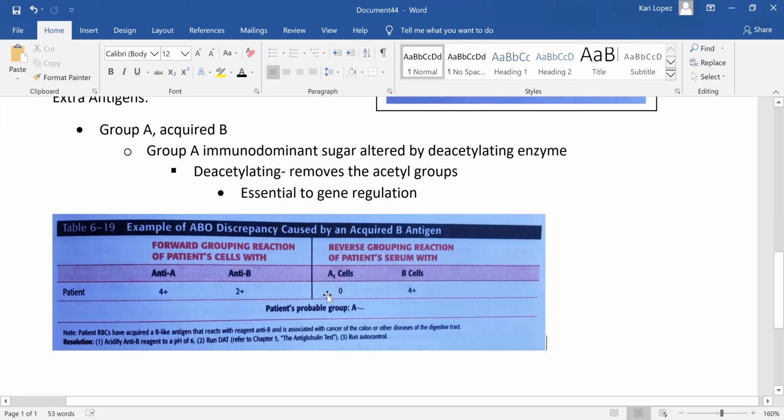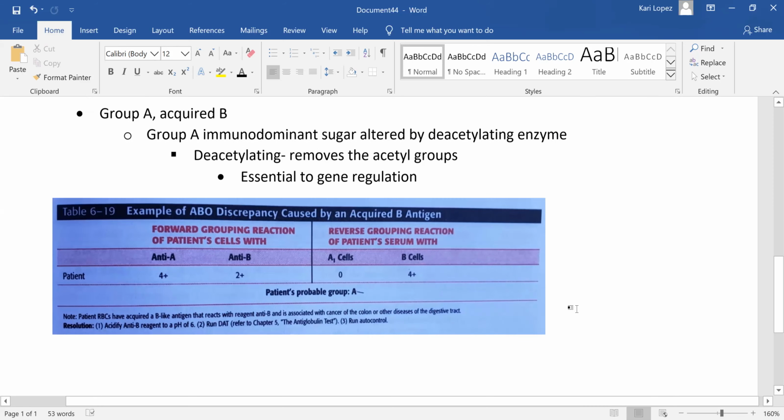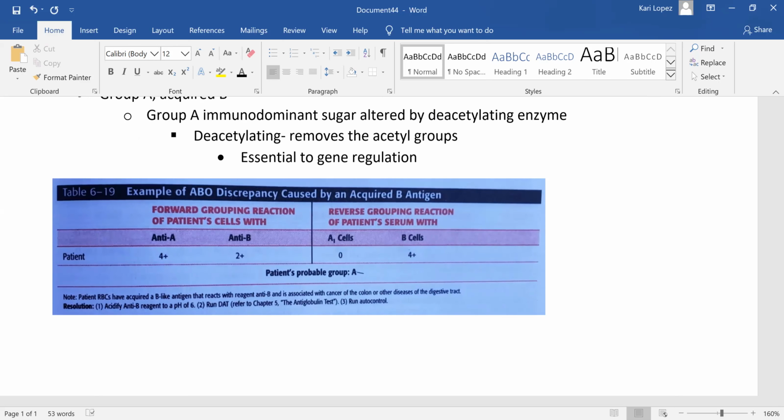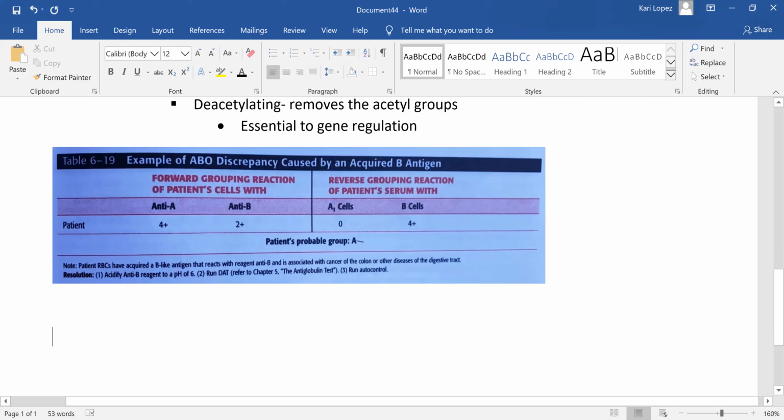And then your reverse grouping would look like your normal group A. So the difference between group A and acquired B is going to be a weaker reaction with the anti-B antisera. The anti-B should have been zero if they were just normal group A. Exactly.